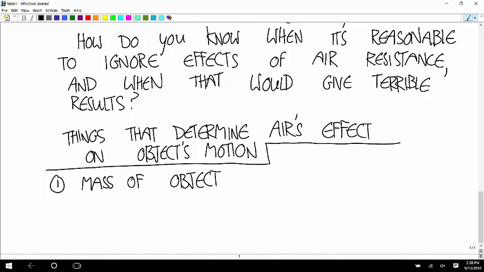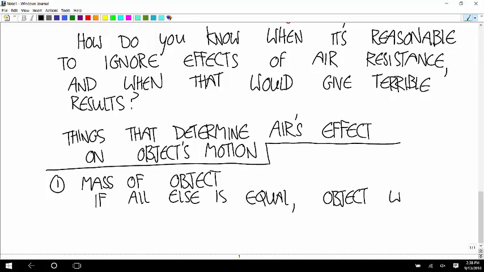If you keep all the other things the same, so if all else is equal, an object with a larger mass is less affected by air resistance.